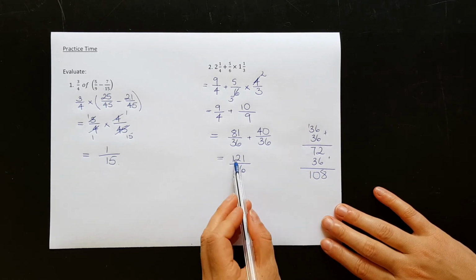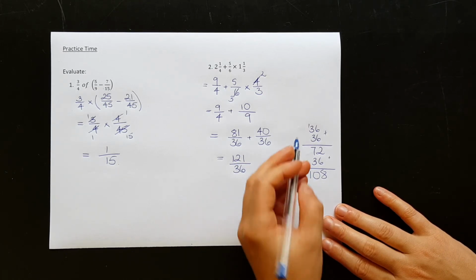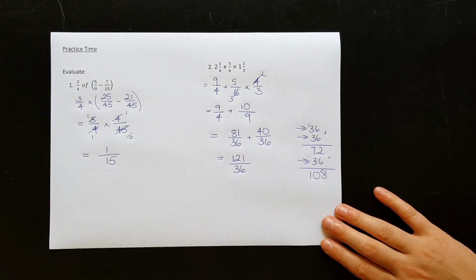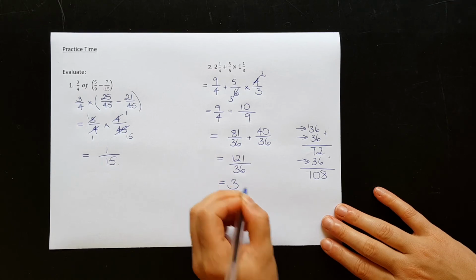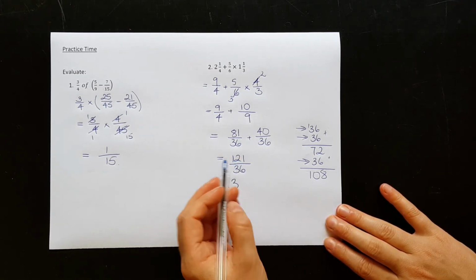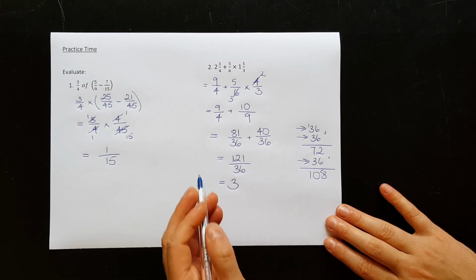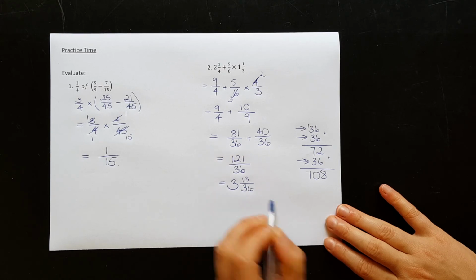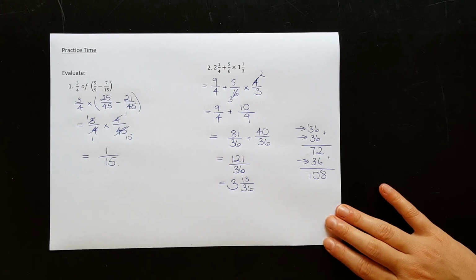Oh, we're definitely not going to fit another 36 in there. So we have 1, 2, 3 36s that we've added together to get to 108, which means, just forget the hundreds, we want to do 21 minus 8, which would mean we would have 13 over 36 to write that as a mixed numeral. Hopefully you got that answer.